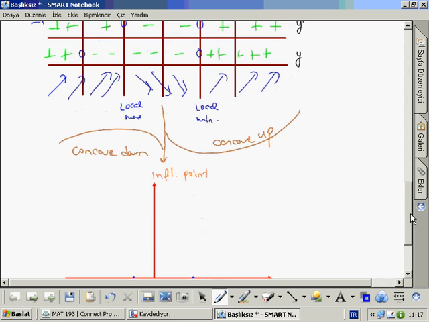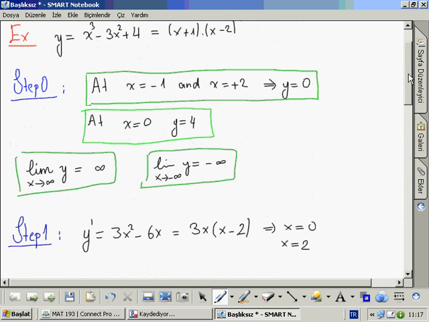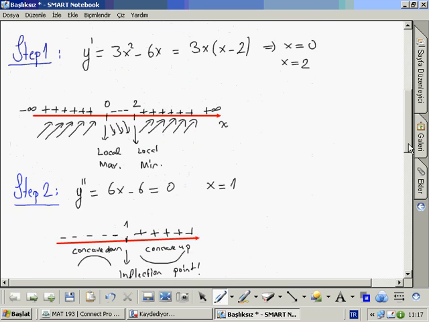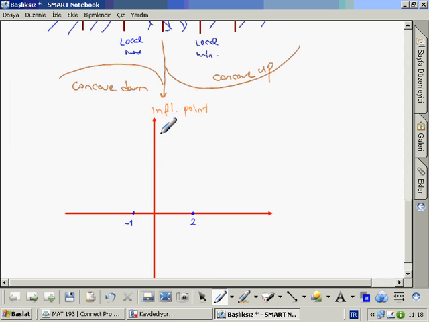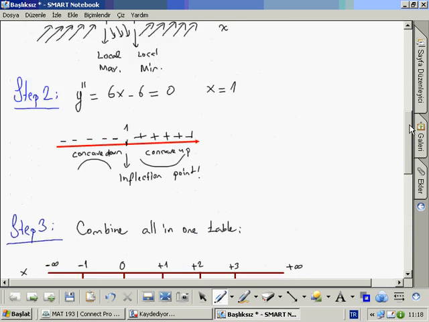After that, when x equals 0, y was 4, right, and this is the 4 value, and at the plus 1 value there will be a change.